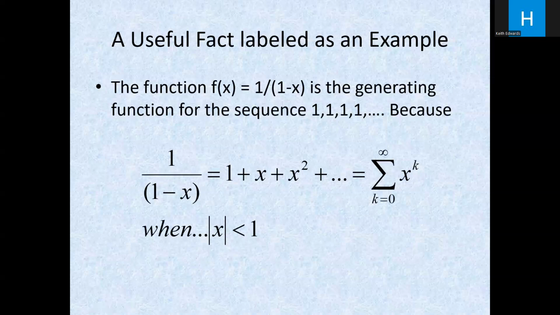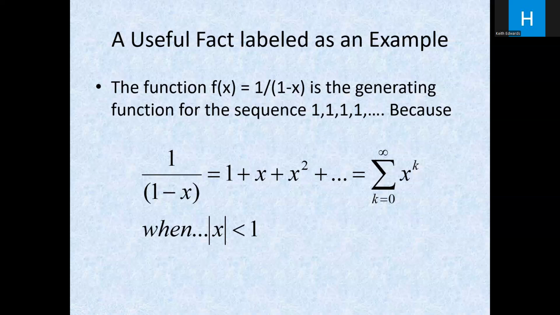And so that will give us our sequence of values in that combinatorics identity. The function f of x equal to 1 divided by 1 minus x is the generating function for the sequence of 1s, because 1 over 1 minus x is equal to 1 plus x plus x squared plus dot dot dot, which is equal to the sum of k equals 0 to infinity of x to the k. This is less of an example that you need to work through, but more of a useful fact. I suppose you could prove it, but you've already covered a lot of theory behind this in your calculus class.